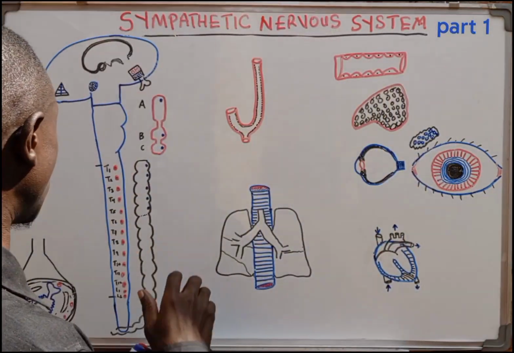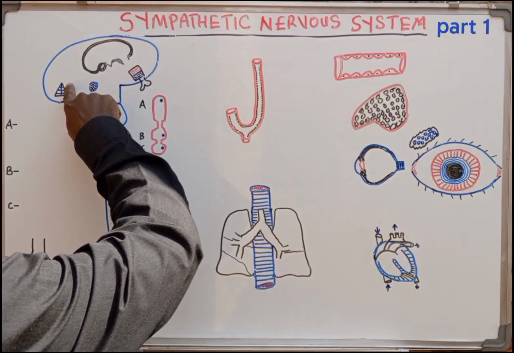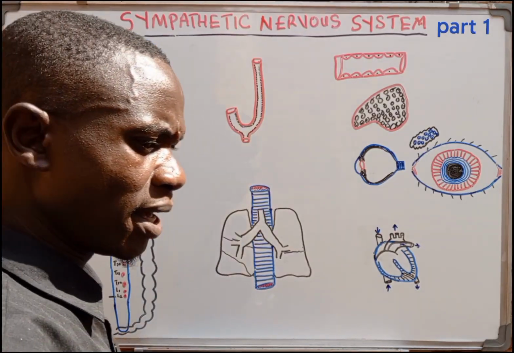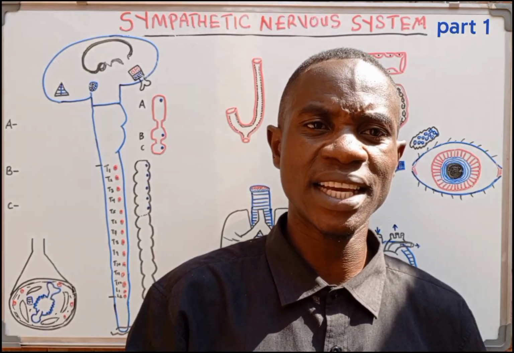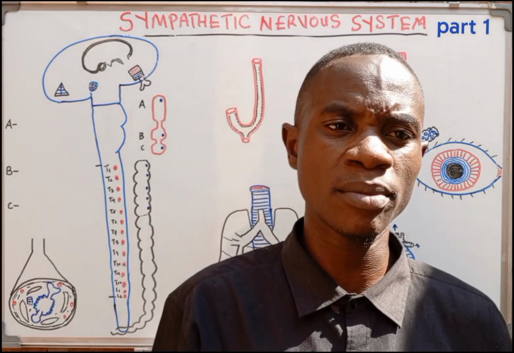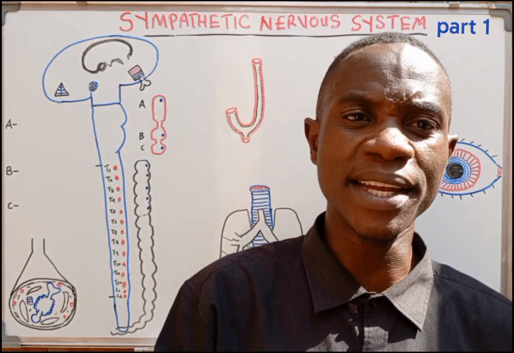Why is this important? When the visual cortex sends the message to the limbic system, the limbic system has fear centers, which are structures you may call the amygdala.